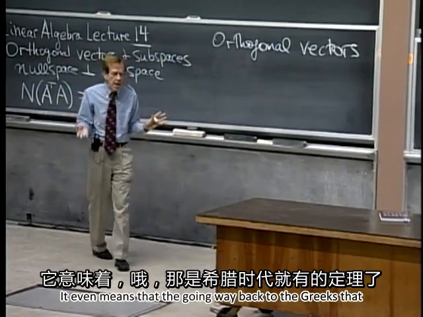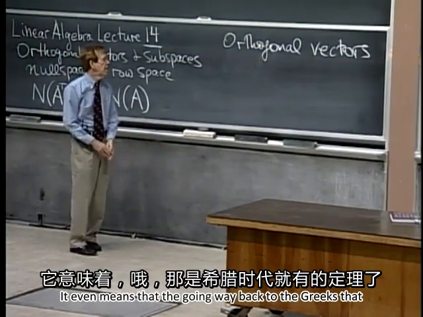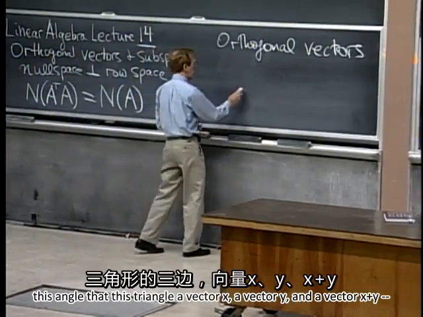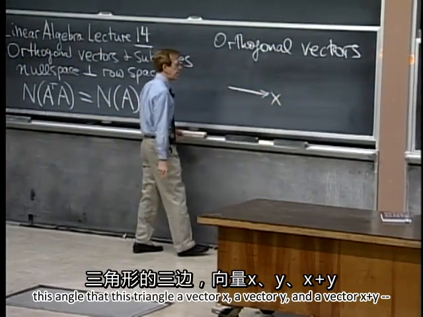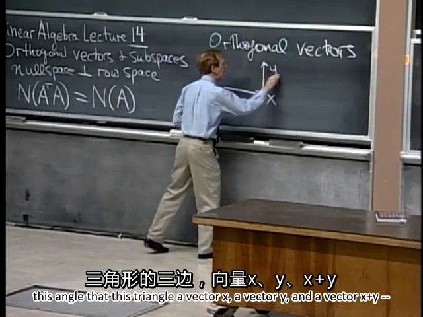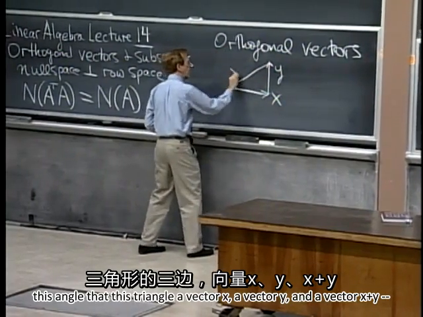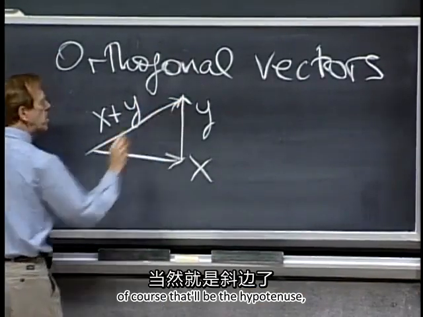It even means that, going way back to the Greeks, this triangle, a vector x, a vector y, and a vector x plus y, of course, that'll be the hypotenuse.